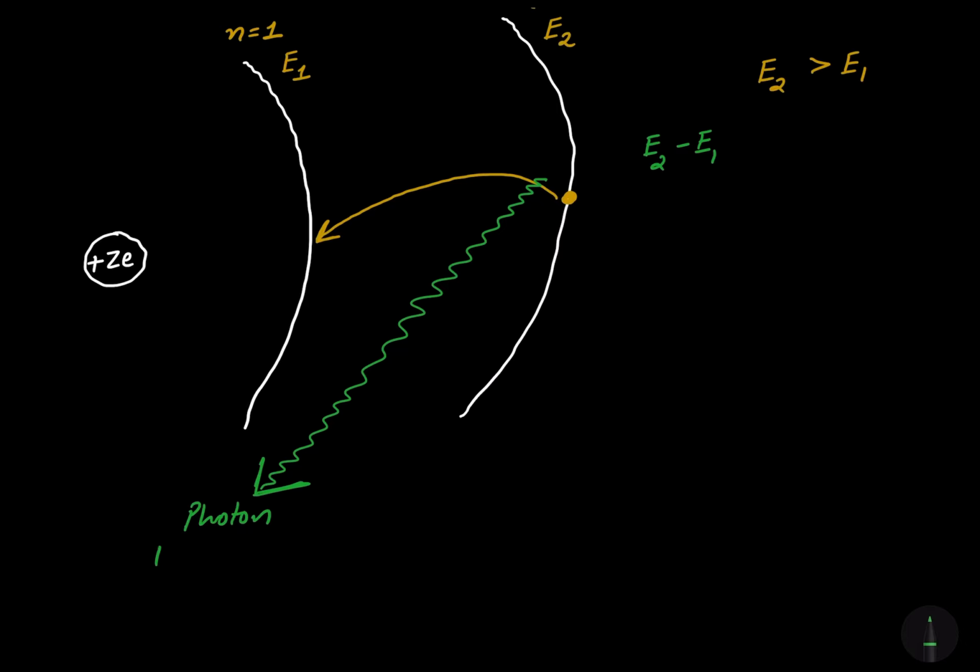The energy of this photon will be equal to hc by lambda, which is equal to the energy difference between the second and the first stationary state.